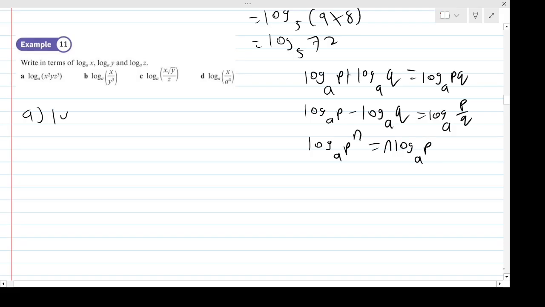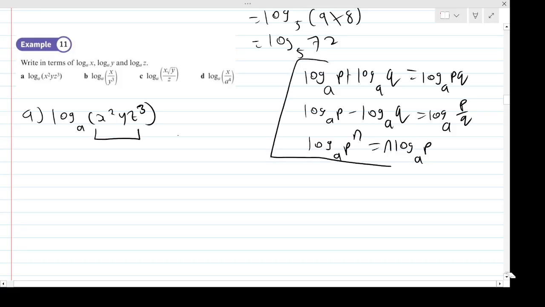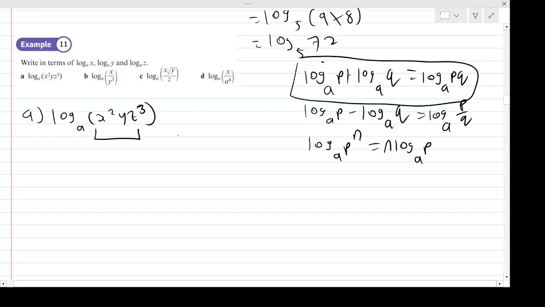So firstly, we have log a of x squared yz cubed. I only want my answer in log a x, y or z only. I've got x squared yz cubed, so it's a bit different than just x, y, z. Firstly, I can split up a log. Remember, I can always go both ways with these log laws. Because I've got a product in my log, I can split the logs up and create several logs added together.